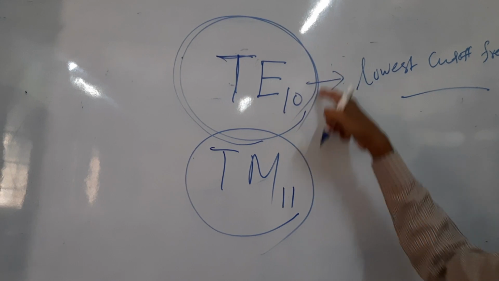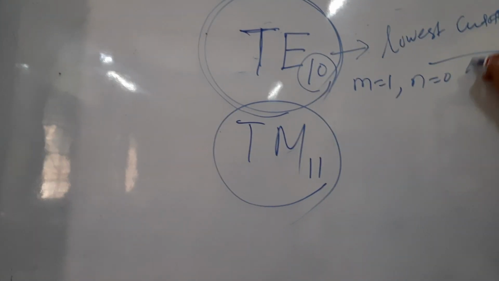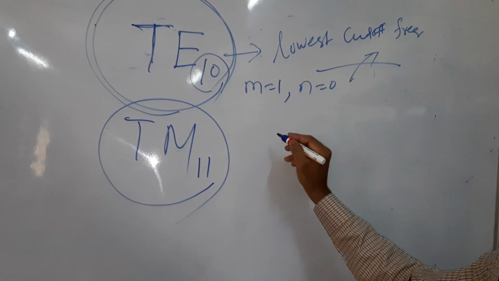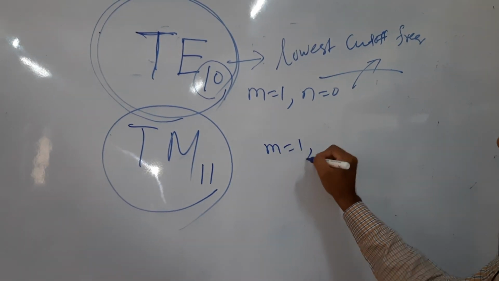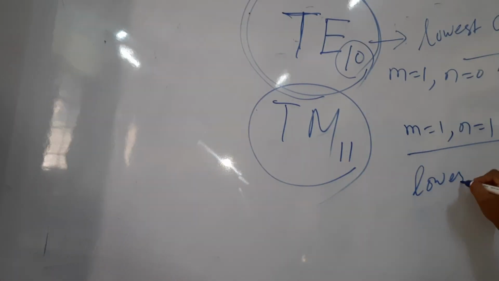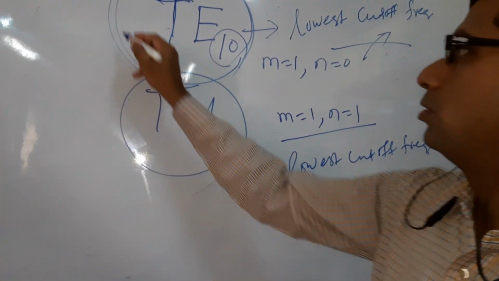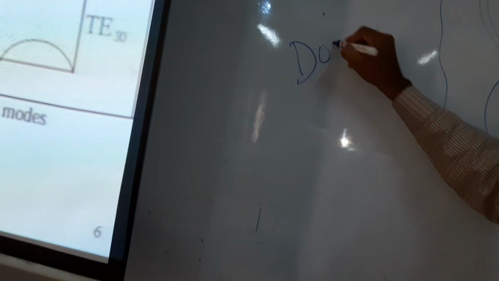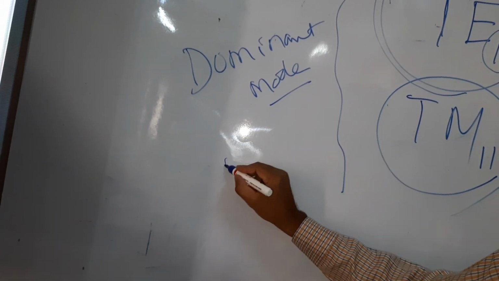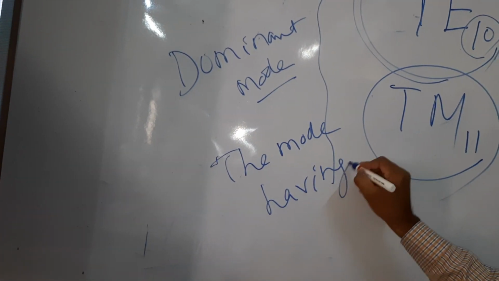In the transverse electric mode, TE10, that means M equal to 1, N equal to 0, gives the lowest cutoff frequency. Similarly, in the transverse magnetic mode, M equal to 1, N equal to 1, TM11 mode gives the lowest cutoff frequency. That means these are the dominant modes. The dominant mode is the mode having the lowest cutoff frequency.